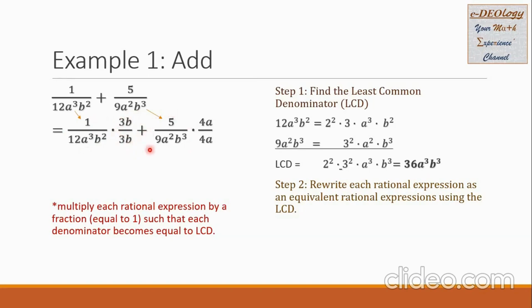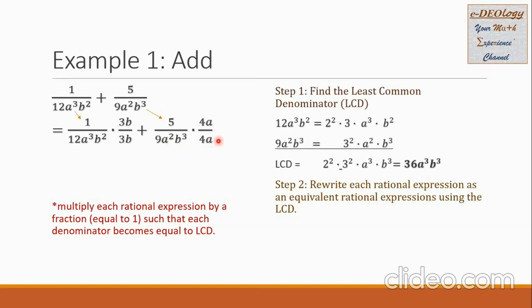For the second rational expression, also we want our denominator to be equal to our LCD. So this 9 I should multiply by 4 to be equal to 36. For the a squared, our LCD has a cubed, so I should multiply by a. For the b cubed, it is also b cubed in the LCD, so there is no issue for the b cubed.